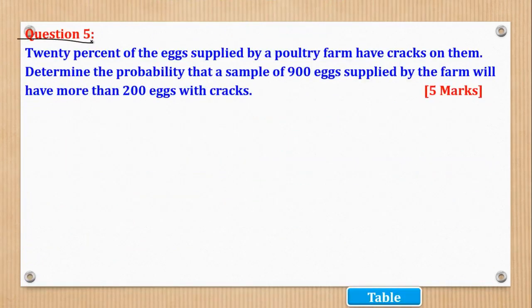That was question 4. Question 5 says 20% of the eggs supplied by a poultry farm have cracks on them. Determine the probability that a sample, this is a very vital keyword in this topic, a sample of 900 eggs supplied by the farm will have more than 200 eggs with cracks.